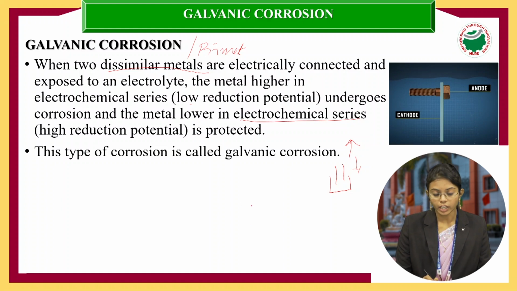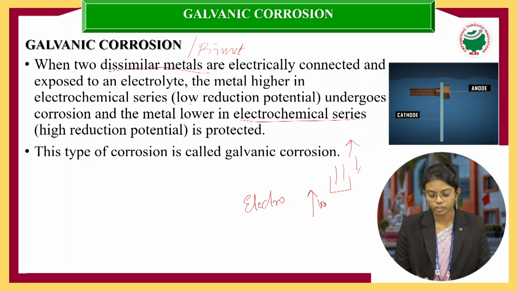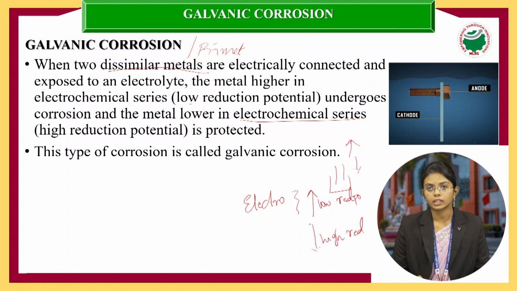So if you take an electrochemical series, the topmost metals are low reduction potential metals, and below we arrange the high reduction potential metals at the bottom.